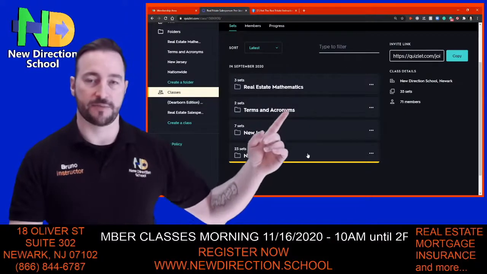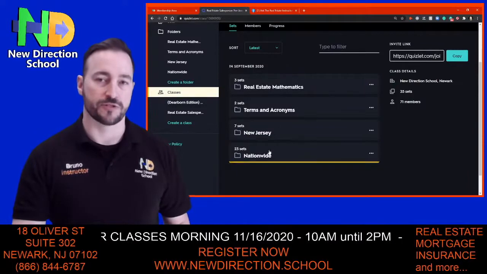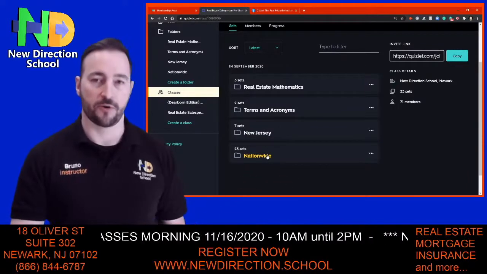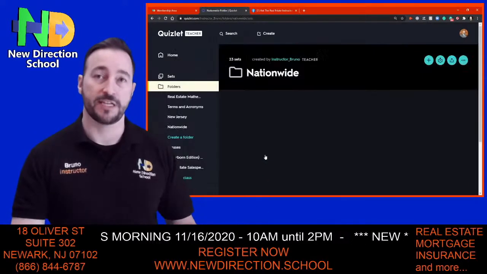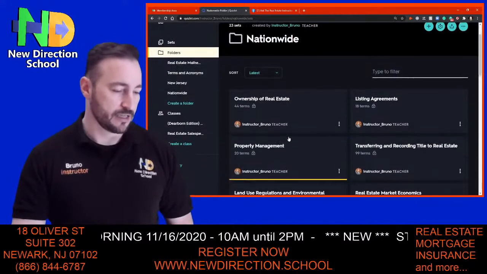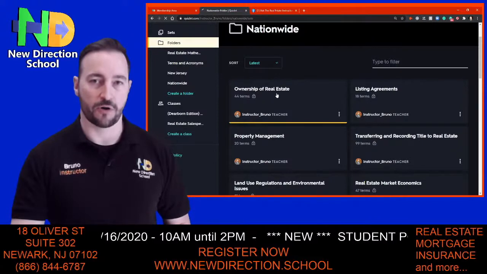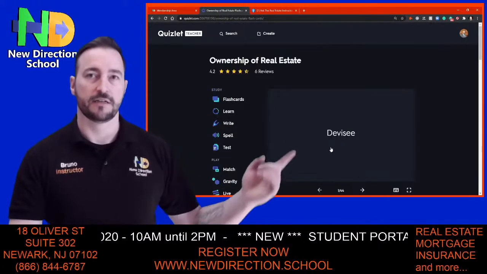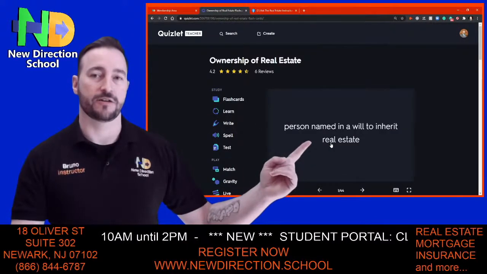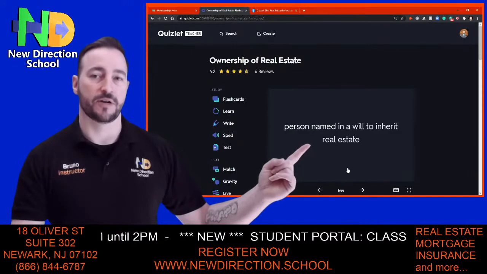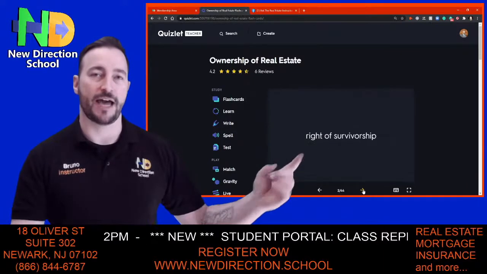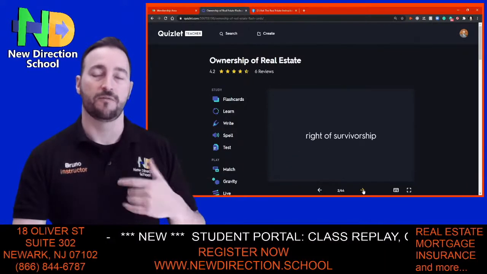I organize it by topics, so the New Jersey portion, the nationwide portion, and we're starting with nationwide for the first 3 weeks, and everything will be here. So, for instance, let's say we do ownership of real estate. These are flashcards. Click on it, and it tells you what it is, all right? So this is great for you to have quick association of what we're learning.